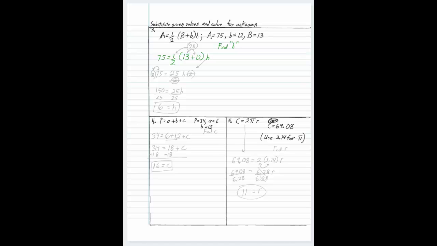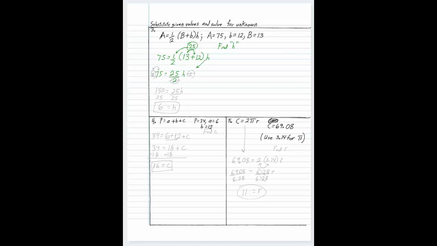So let's do the parentheses first. 13 plus 12, I know, is 25. Next, 25 can multiply to this 1 that's part of 1/2. That would give you 25 over 2. And everything else comes down.